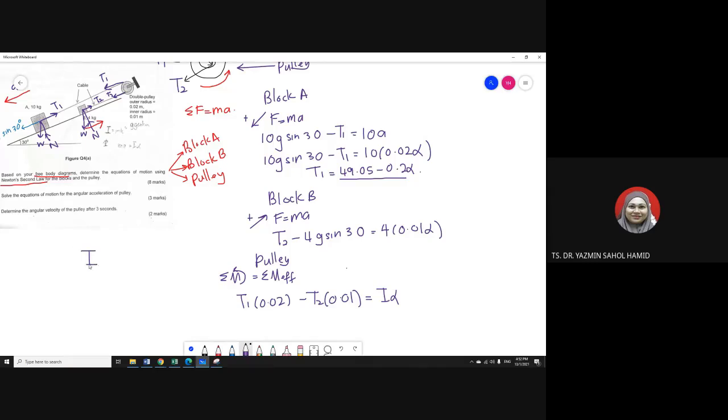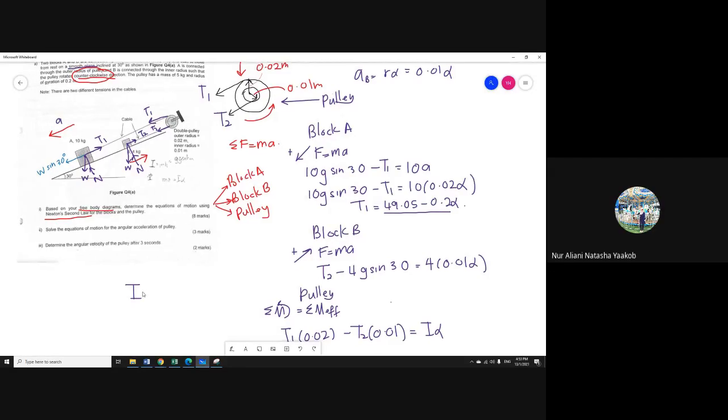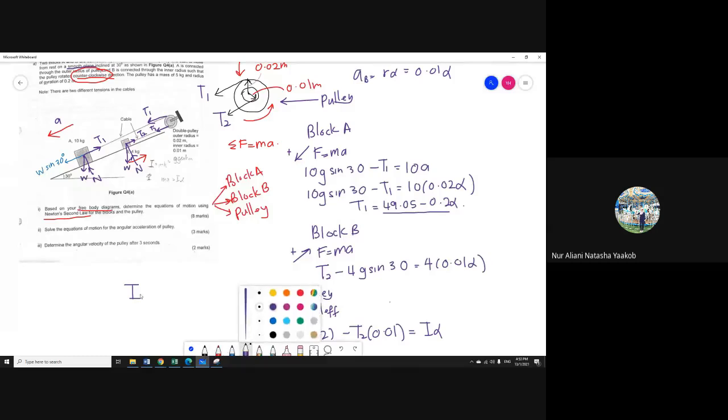Now we need to calculate I for the pulley. Which formula do you want to use? The one that has I equals to 1 over 2 mr squared, or I equals to mk squared? Is there a radius of gyration given? Yes, because in the question it says radius of gyration. So I equals to mk squared.